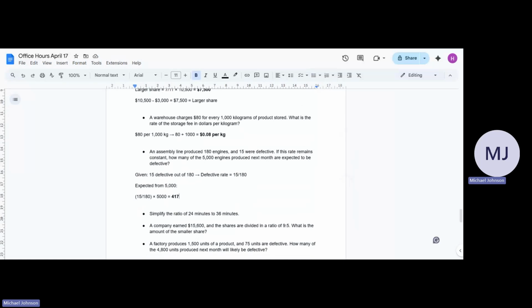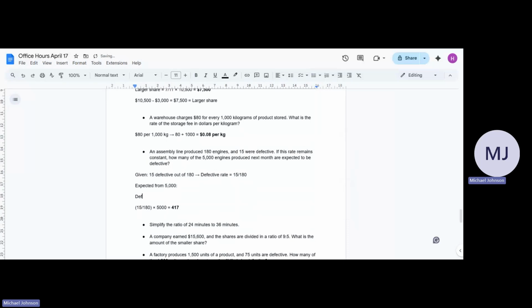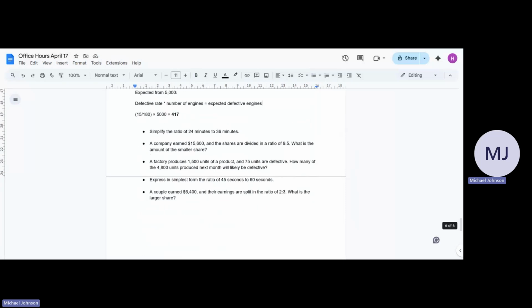Defective rate times number of engines equals expected defective engines. So defective rate is 15 over 180 times 5,000 engines equals 417. So that's how you do that.